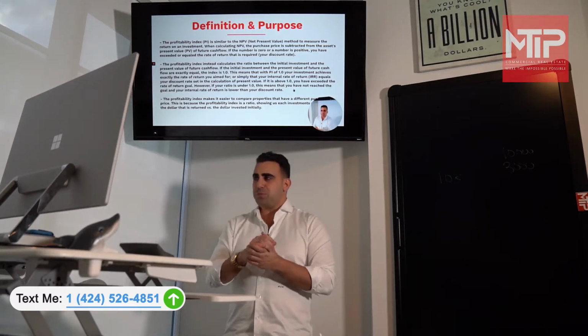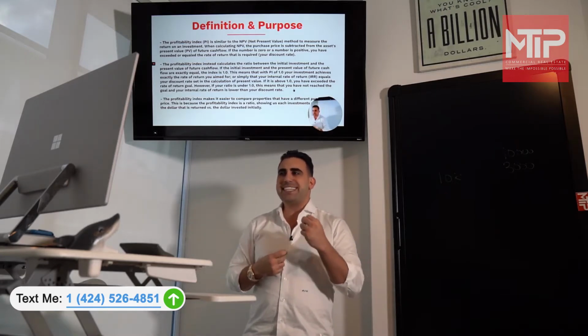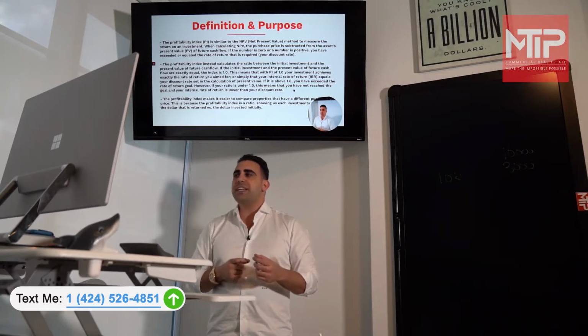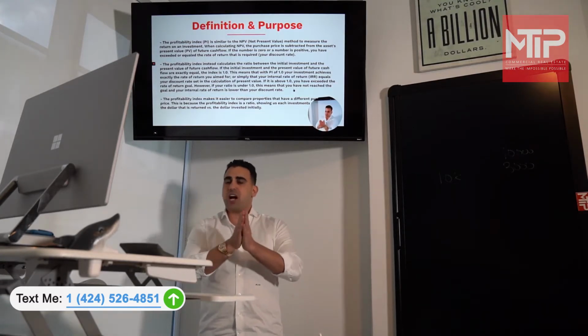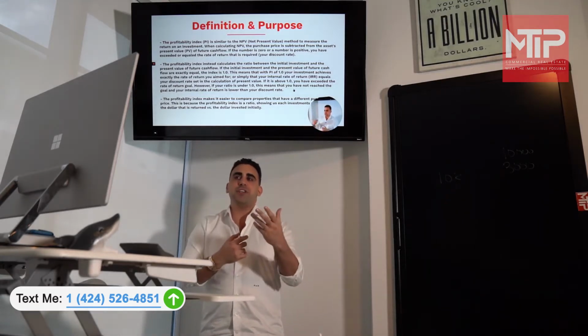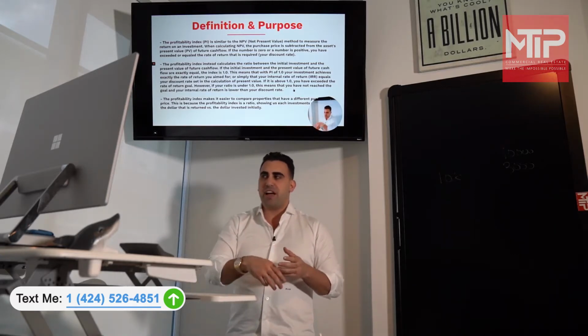This means that with a PI of 1, your investment achieves exactly the rate of return that you had targeted for. Or simply that your internal rate of return, your IRR, which we didn't talk about, it's another very important term, equals your desired discount rate in the calculation of its present value.